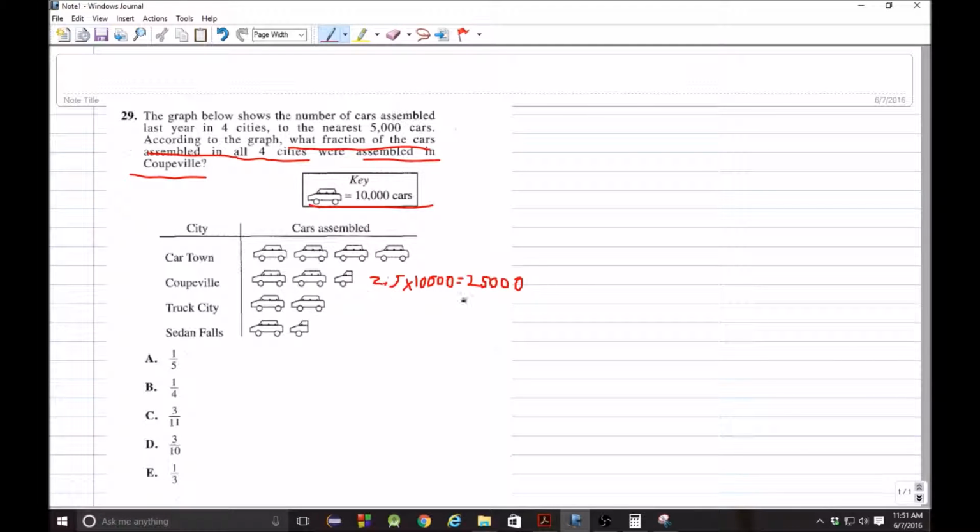Okay, so we know that Coupeville has 25,000 cars. But what's the total number of cars that we have? So Cartown has 10,000 times 4, which is 40,000.